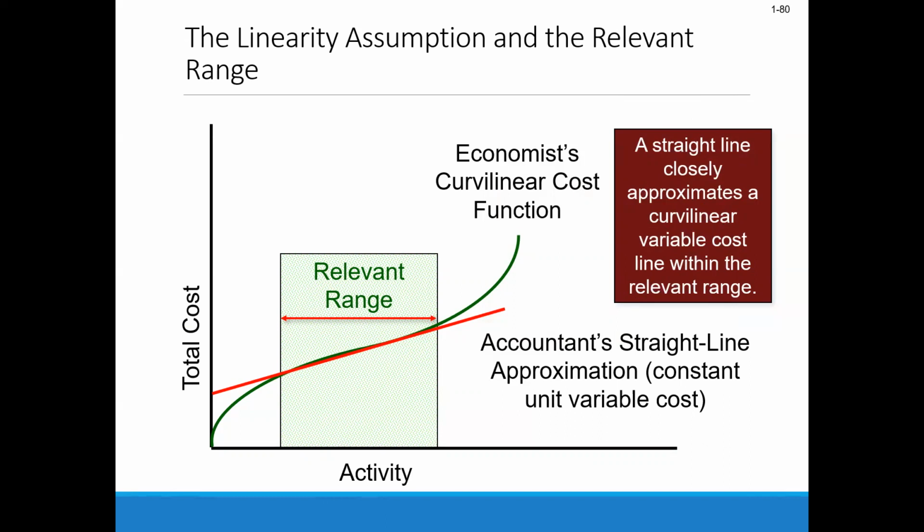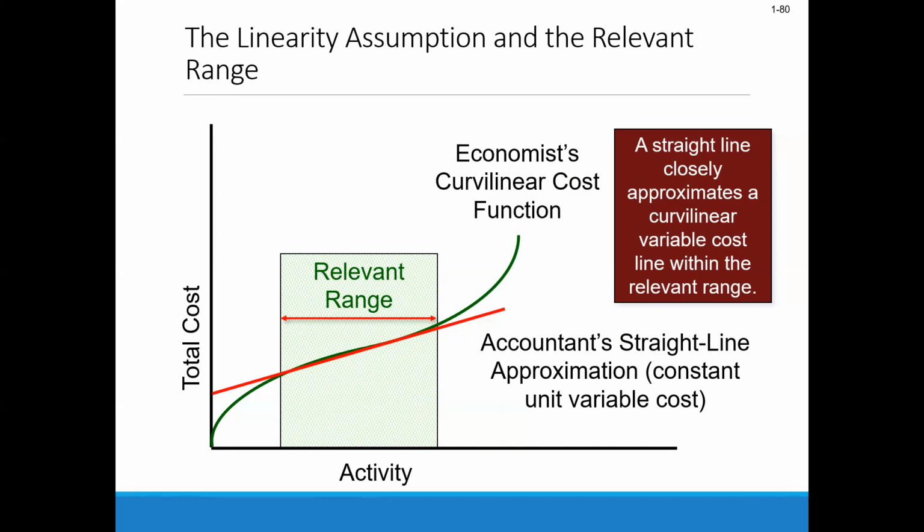So in other words, if I am in an office where we're doing 1,500 tax returns a year, my fixed cost of rent stays the same. But what if all of a sudden I start doing 7,000 returns a year? Do you understand how you need to stay within a relevant range? Once I jack it up to 7,000 a year, I'm going to have to get a bigger place.